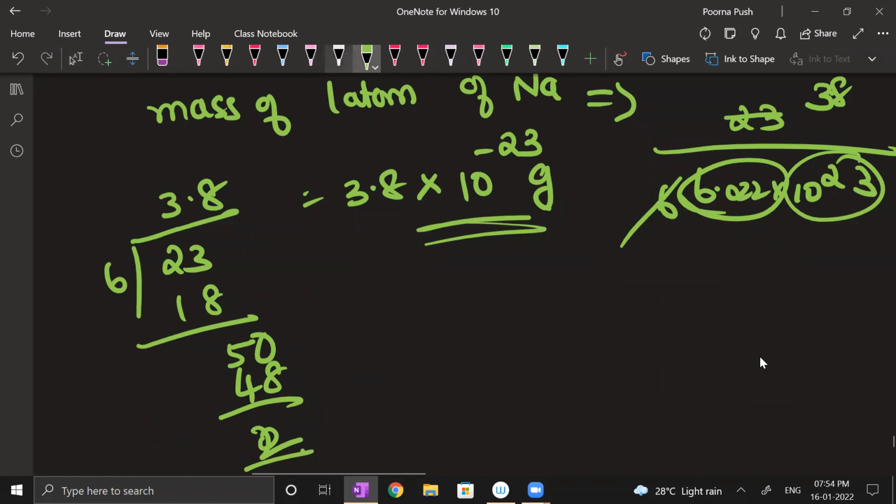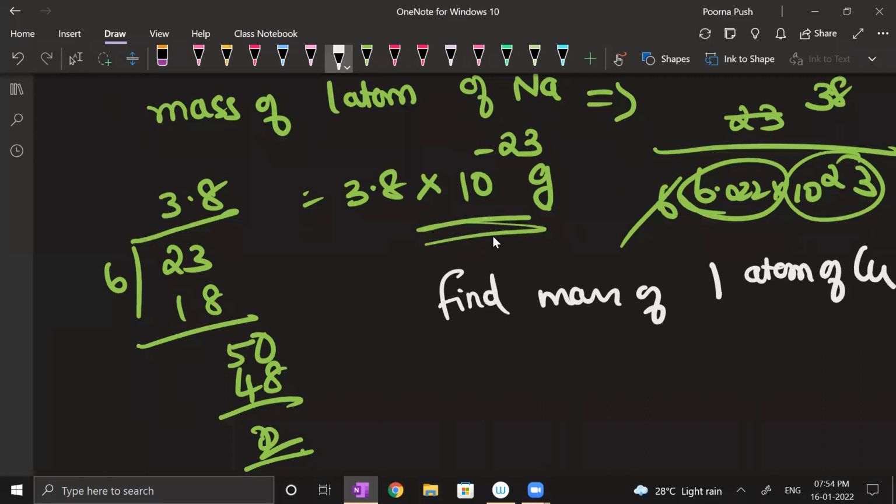Okay. Find the mass of one atom of copper. Try. Copper weight is 63.5.